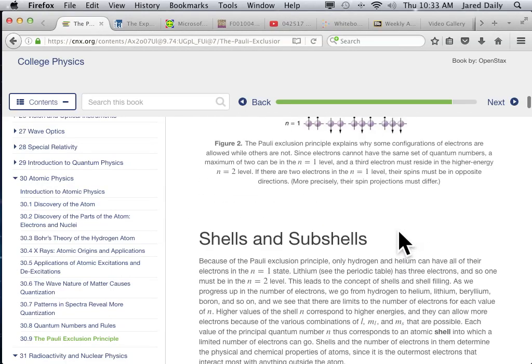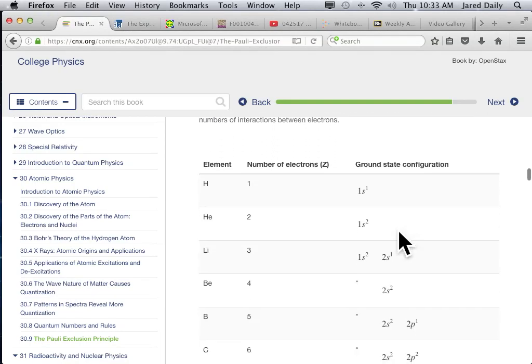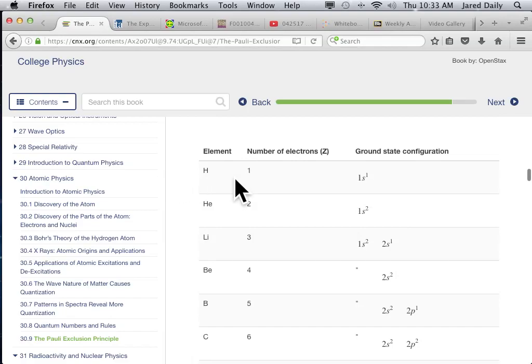And a better showing of that is actually this one. So this is the only 1s1 state. These are the only two 1s states allowed: 1s1 and 1s2. Like lithium has a 1s2 state, but the last shell is actually the 2s state.